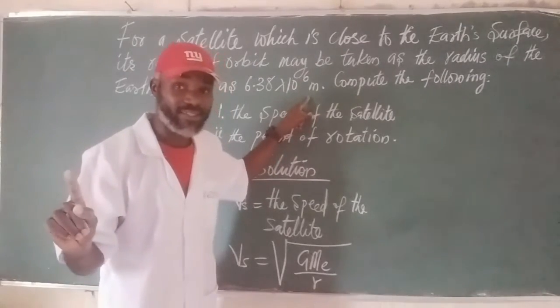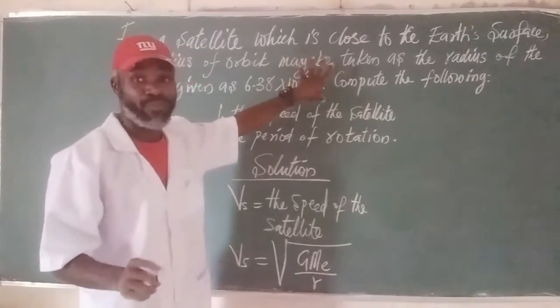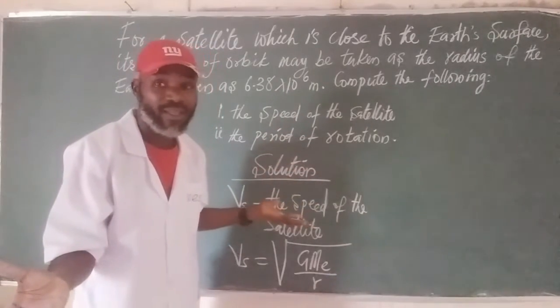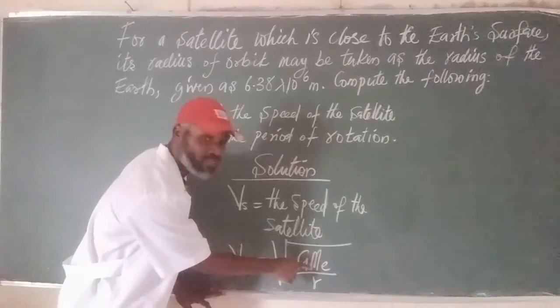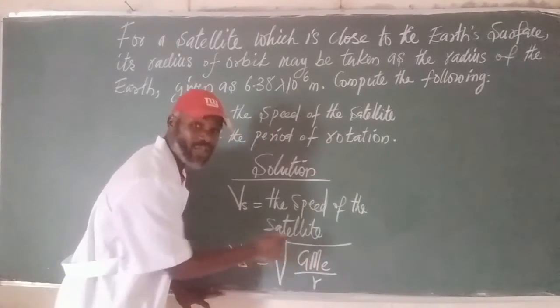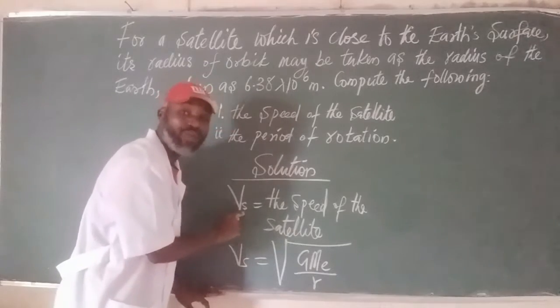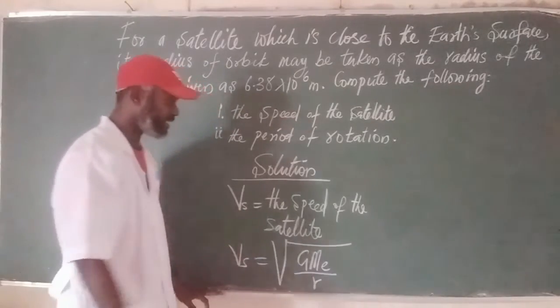A very close look shows that there is no value for the mass of the Earth, but there is Me in the formula for calculating the speed of the satellite.